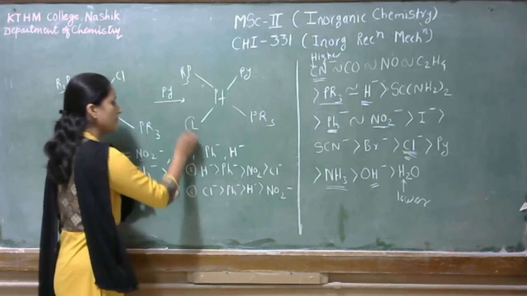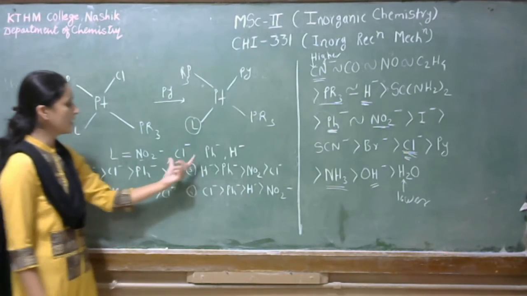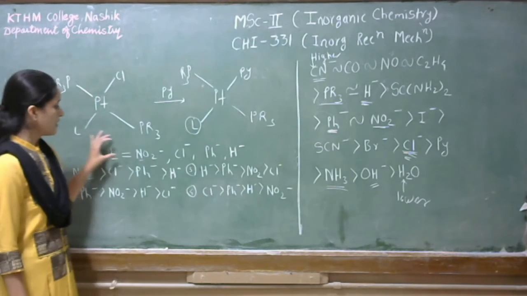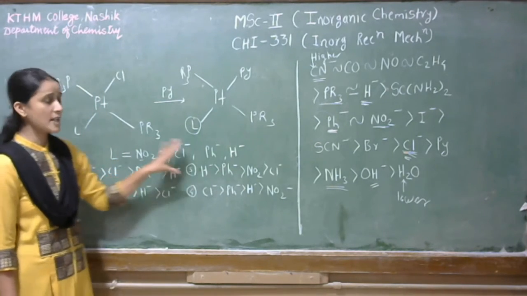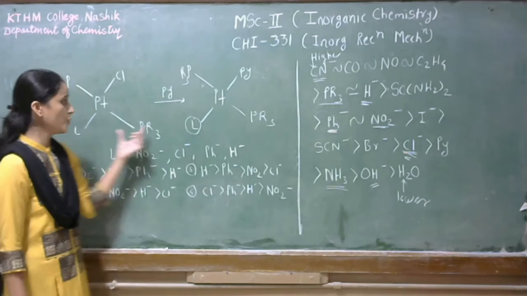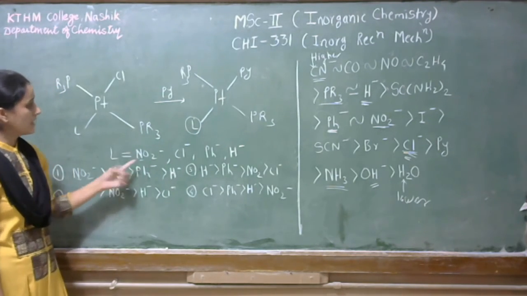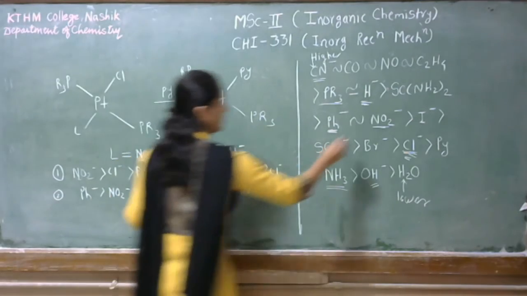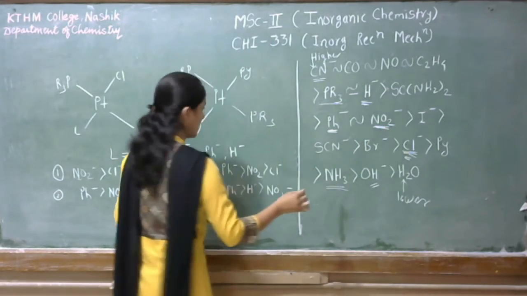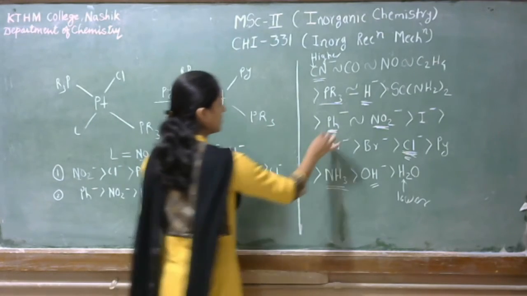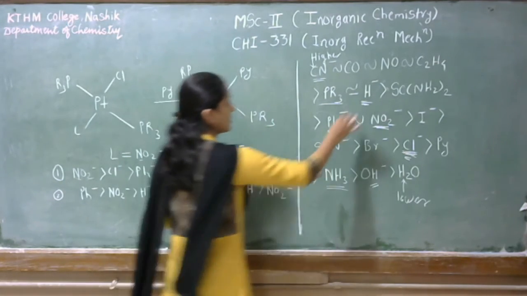L is nothing but all these ligands: NO2 minus, Cl minus, PH minus and H minus. So let's see which has more trans-directing effect, so that your reaction proceeds faster. Here is your NO2, after that Cl minus, next PH, and H minus.